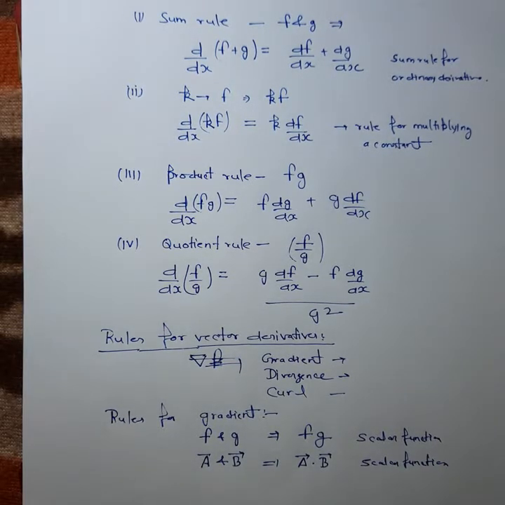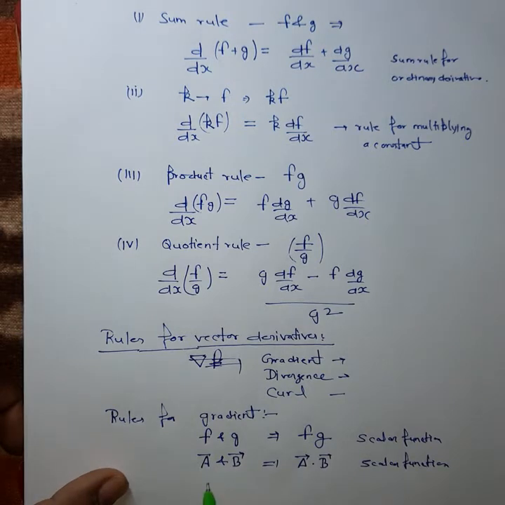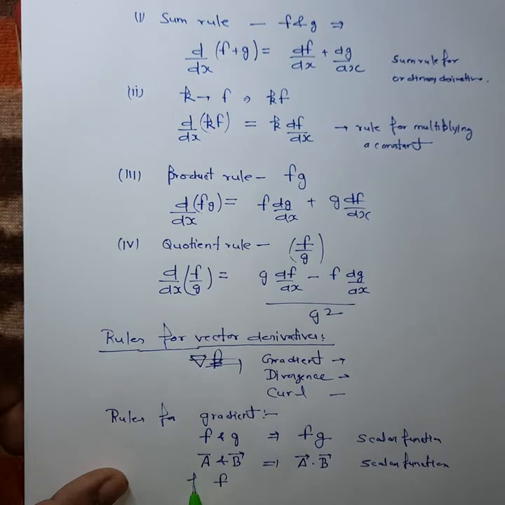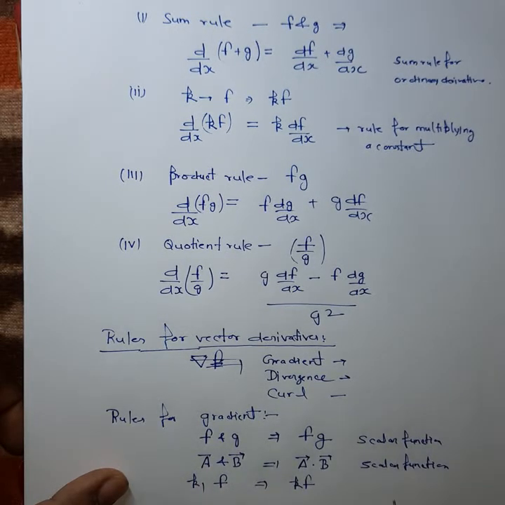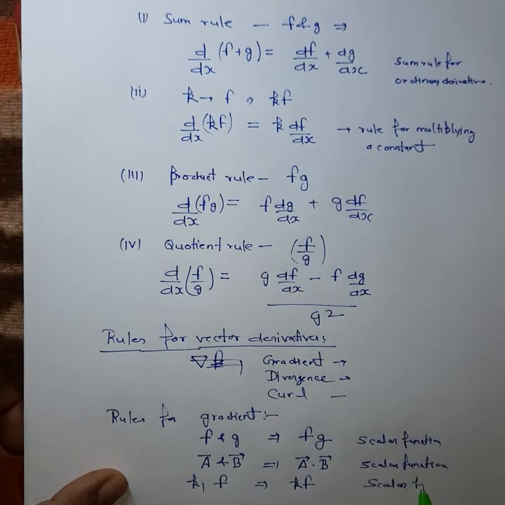Or you can make a scalar function by multiplying by a constant. Suppose f is some function and k is some constant, then their product kf will also be a scalar function.